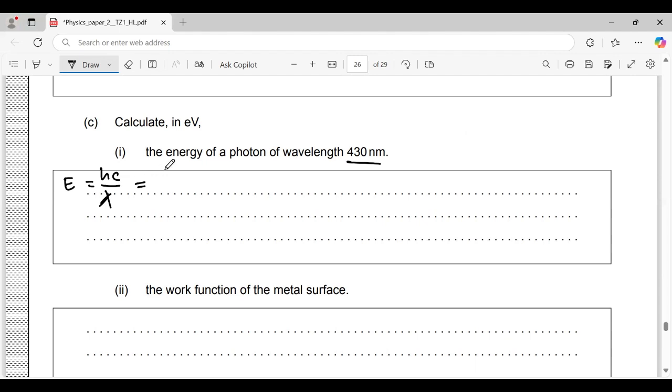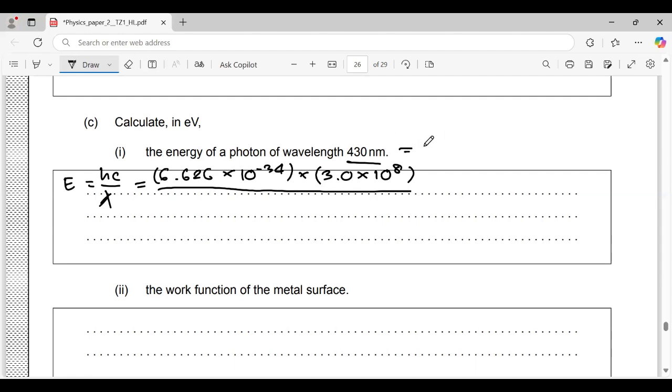h is Planck's constant, 6.626 times 10 to the power minus 34, and the unit is joule second, times the speed of light, 3.0 times 10 to the power 8, and the unit is meter per second, over lambda, which is 430 nanometers.